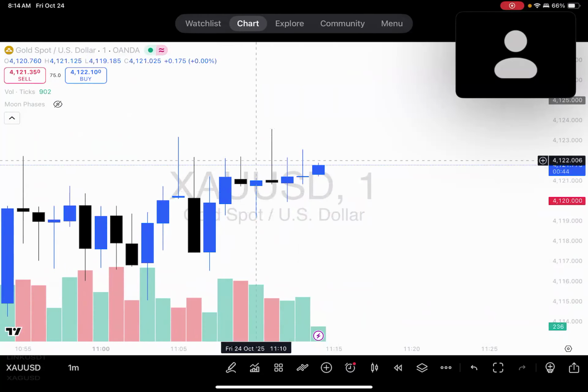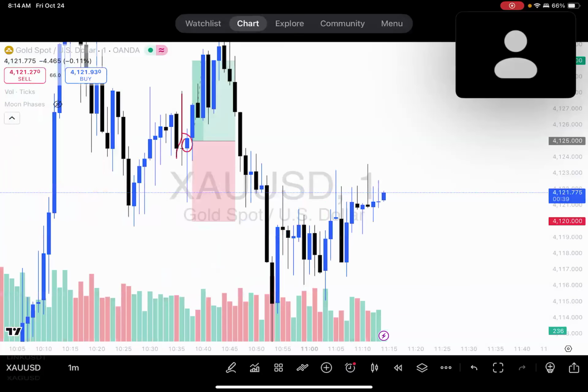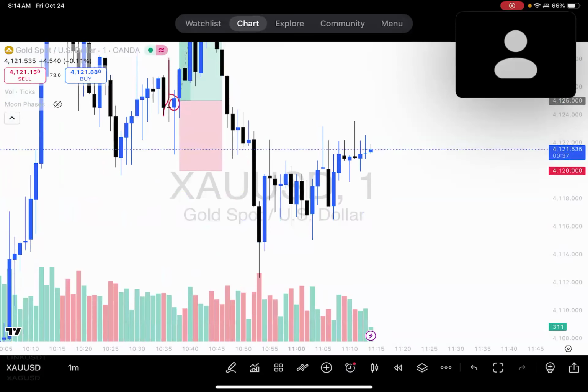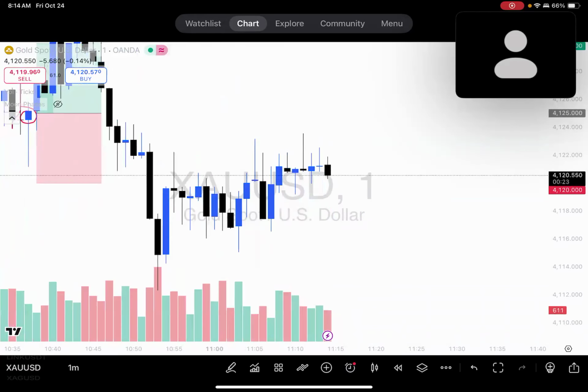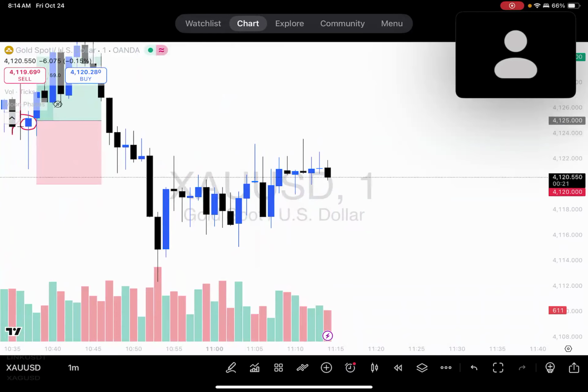Wicks to the upside, wicks to the downside. It's kind of all over the place. So yeah, like I said, once we get to 41.15, I'm still very confident that we're going to see this market drop. 41.15 is where I'll be looking to move stops to break even and then have a risk-free trade from there. We're roughly right back at the entry zone right now.